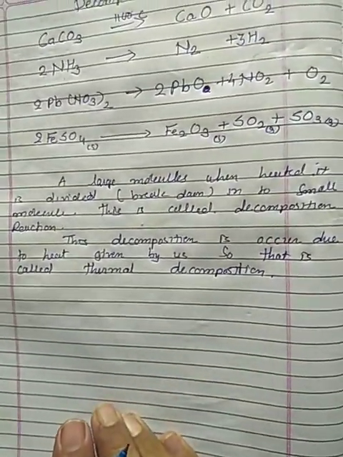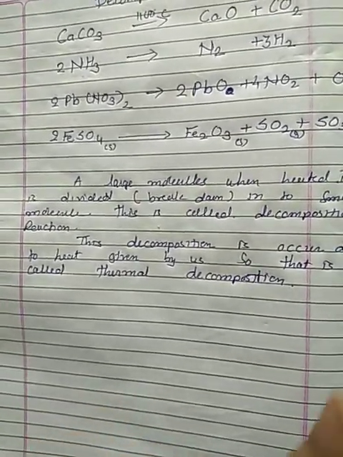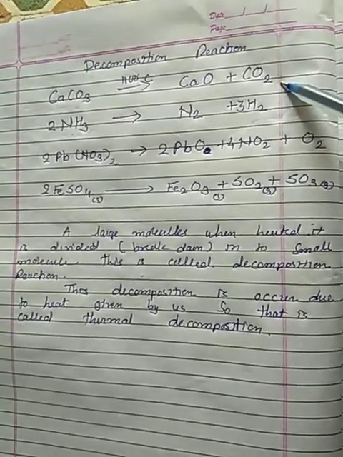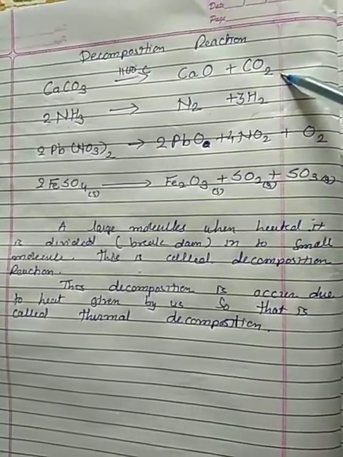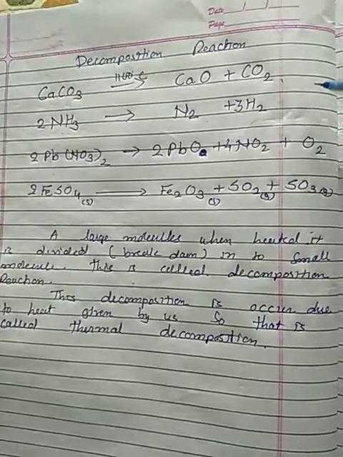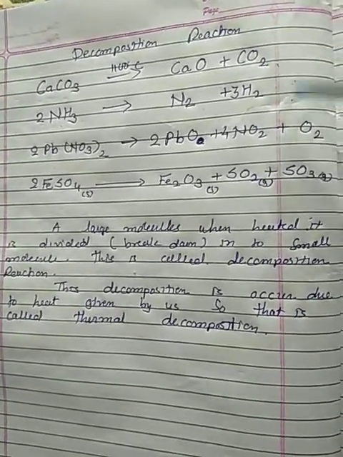When any substance is heated and it is divided into small fractions, meaning a totally new molecule is formed from the breaking of the old molecule due to heat, that is known as thermal decomposition.